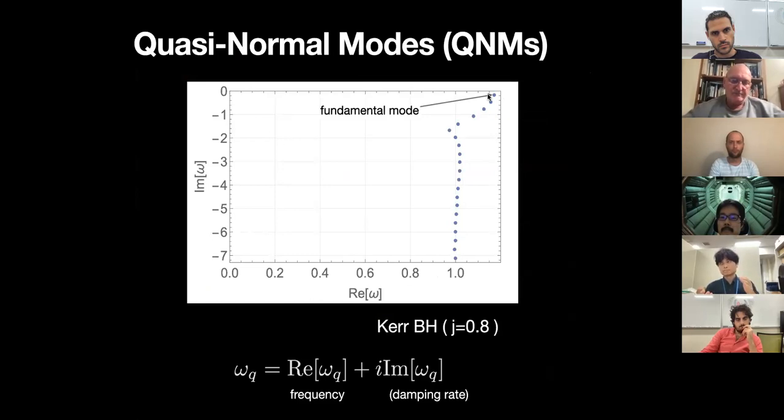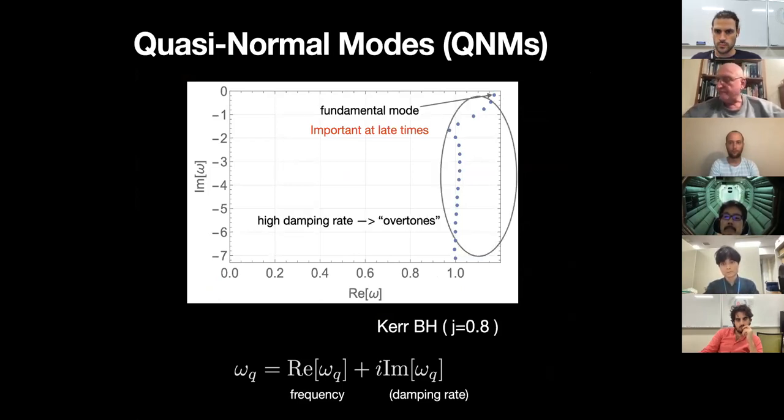This mode is the least damped mode of the quasinormal modes, and at late times this fundamental mode is the most important, since at late times all other quasinormal modes, called overtones, are strongly suppressed.